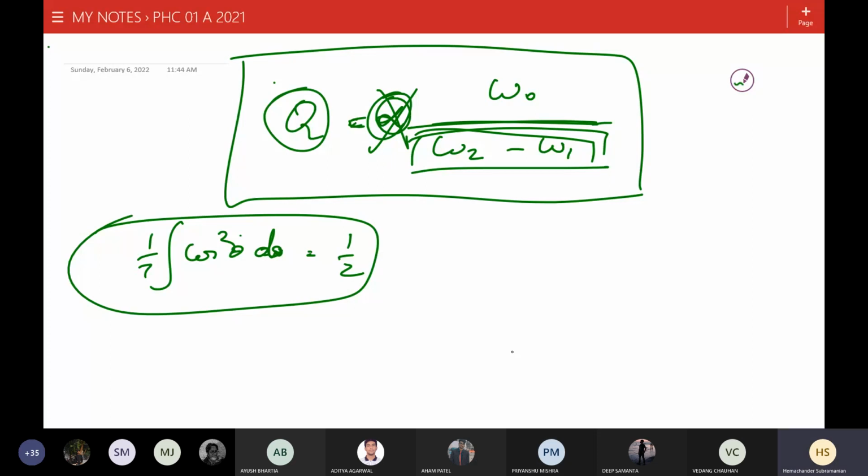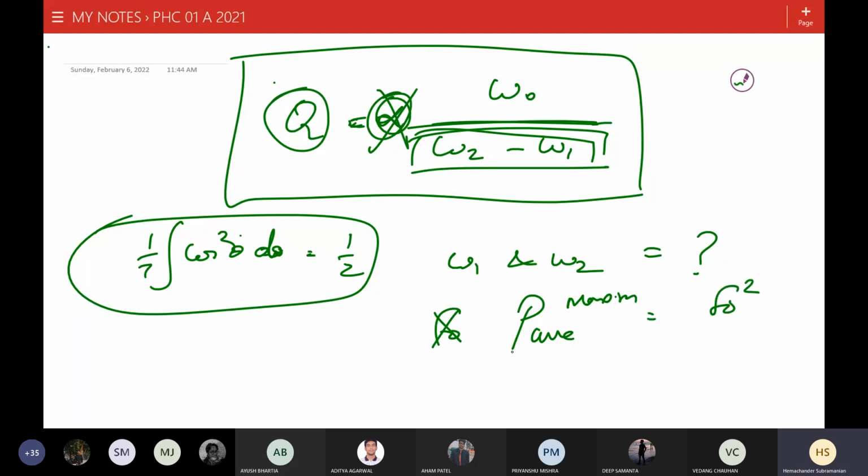Can we find omega 1 and omega 2, given that P average maximum is f0 square over 2r, and we know that P average is f0 square over 2 ZM cos phi?